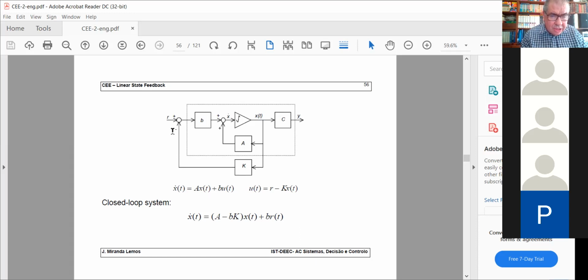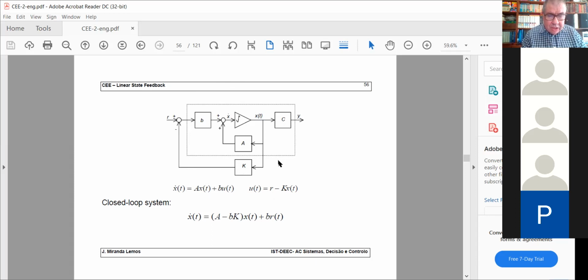Now, why do you place this minus here? Well, it's immaterial because if you had not placed the minus, then the sign of the coefficients of K would be changed. But for, let's say, historical reasons, we put a minus here to remember that we are doing a negative feedback. Okay? Now, when you force this controller, and remember this K is in your computer, and the dotted block is the physical plant, and everything together works according to these two equations.